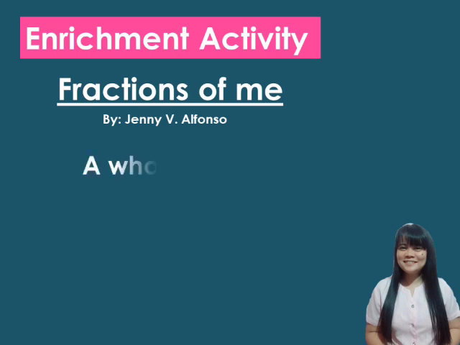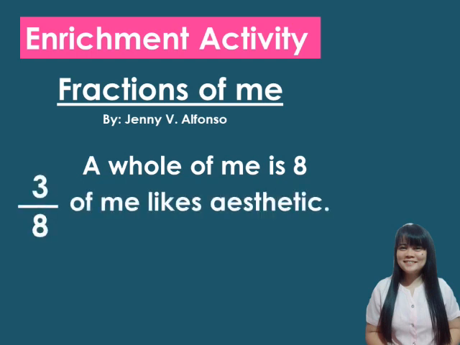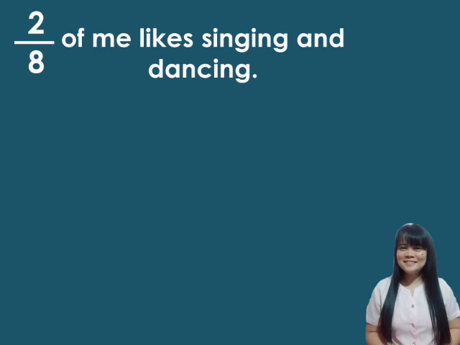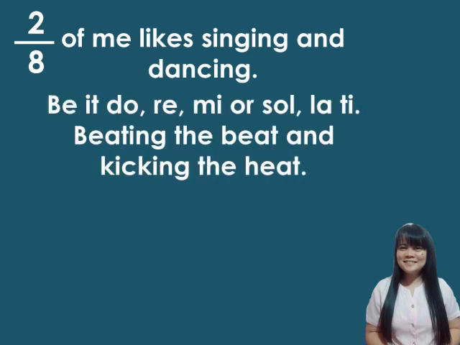Fractions of me. A whole of me is 8. 3/8 of me likes aesthetic. Painting, reading, and poetry. Daisy, days, and dizzy. 2/8 of me likes singing and dancing. Be it do re mi or sol la ti.